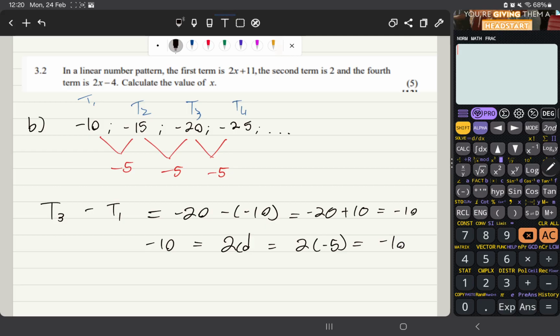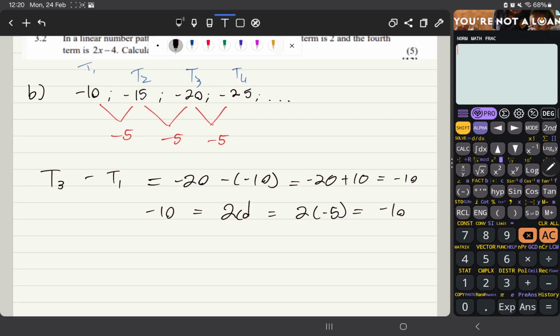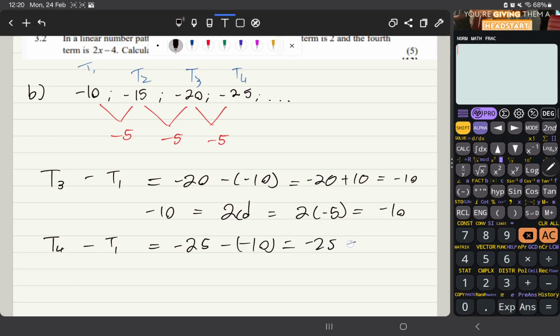All right, let's try something else now. Again, I'm going to take T4 minus T1, and let us work it out. That is minus 25 minus minus 10, that is minus 25 plus 10, which is minus 15.